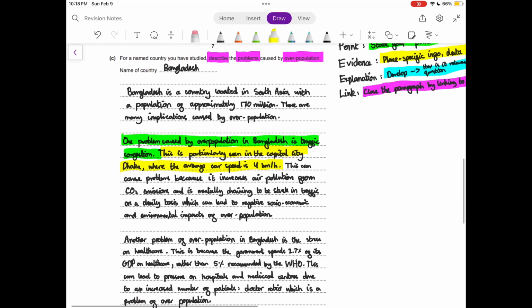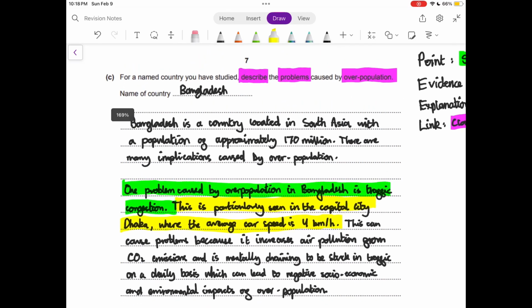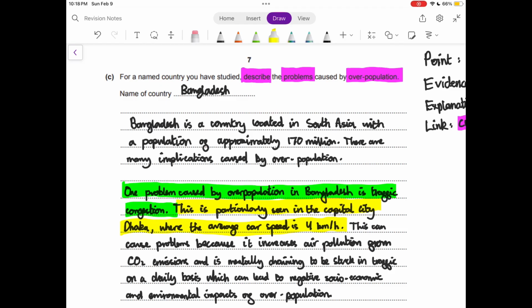So you do not need that much, but keep in mind that this is just 1 question. So they could have asked you to explain the causes of overpopulation. So you might need a different set of place-specific information when it comes to that. But for that, I'll be going into more detail when I actually make a video on the population unit. So yeah.